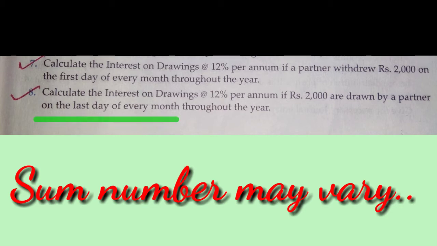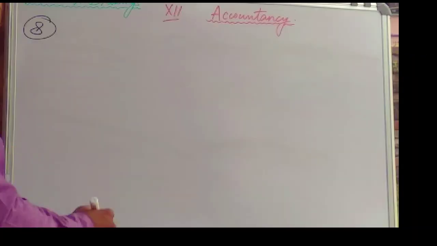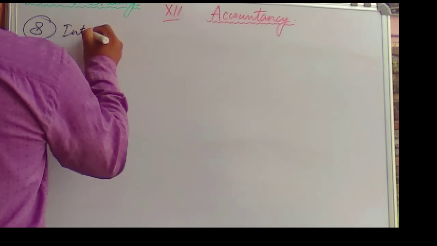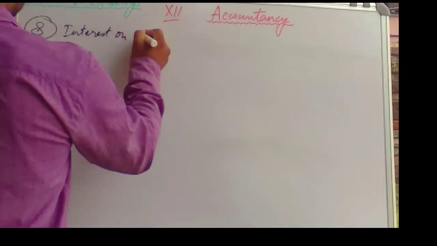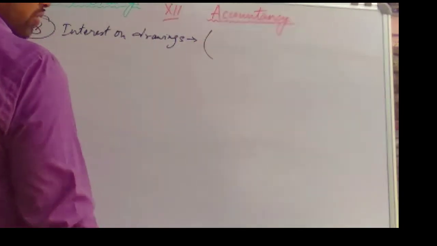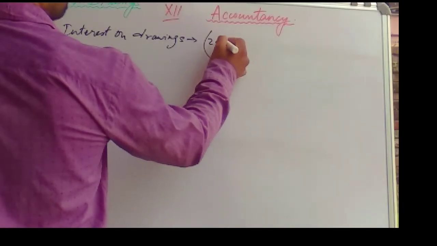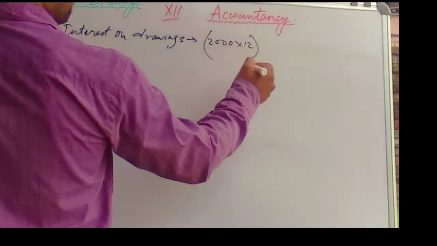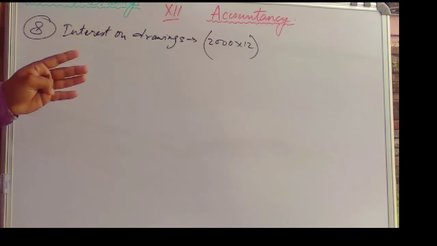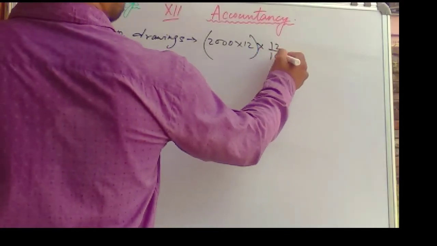As the amount and time duration are the same, we will follow the simple method. So interest on drawings will be, what is the amount? Same, it's 2000, right? So 2000 into 12, the same way we did in the last sum, multiplied by 12% per annum.